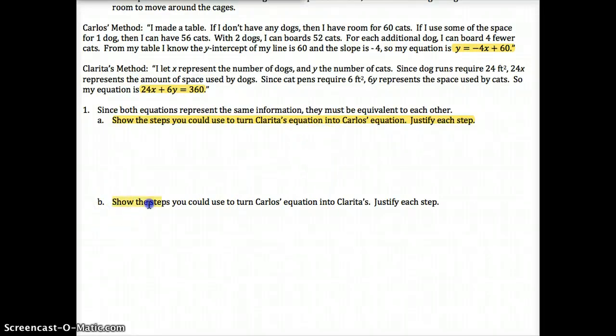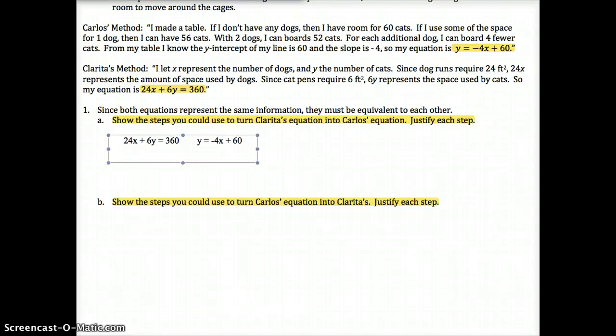And then you are going to do the reverse. I should see the steps here to go from y equals negative 4x plus 60 all the way to 24x plus 6y. So this one should show how to get from here all the way to here.